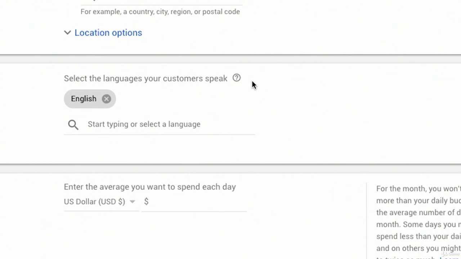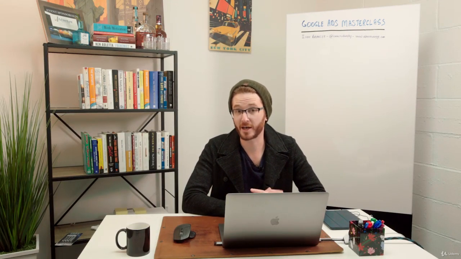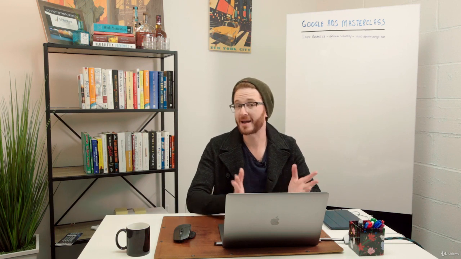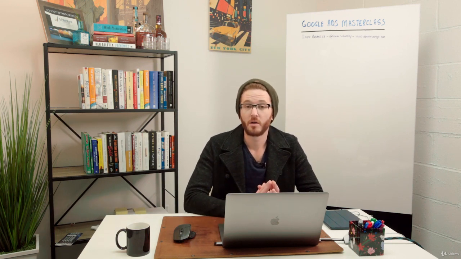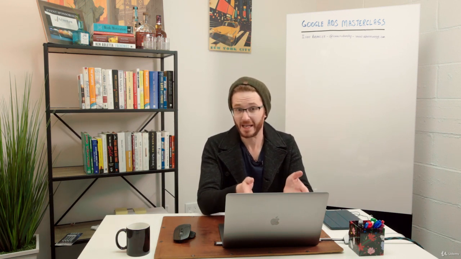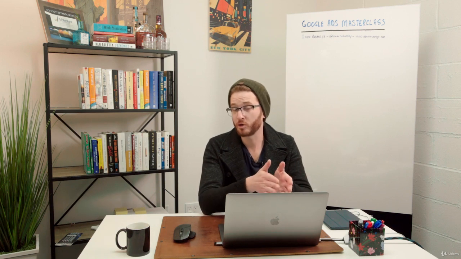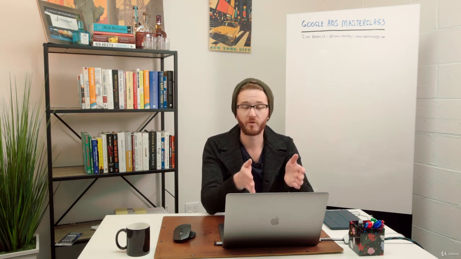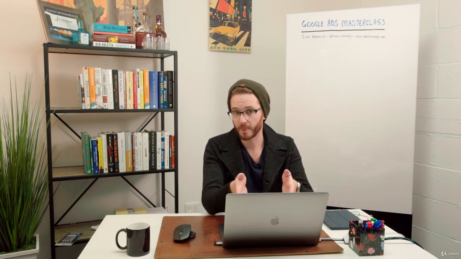But how does this really work? Say, for example, you're selling hats online and you want to target Spanish-speaking customers. You could create ads written in Spanish, and you could have Spanish keywords. And you could select the language Spanish for your campaigns, okay?